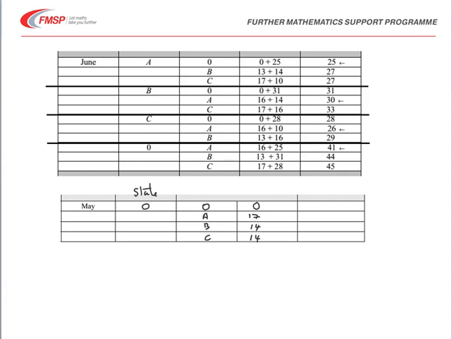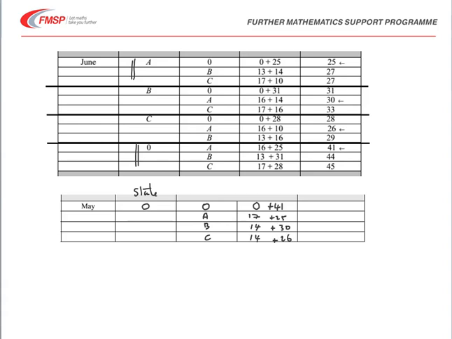Right, so the points that we go to are fairly obvious. If we do nothing, we end up here in state 0, so we're going to add on to that the smallest value, which is 41. If we do A, we're going to end up at the top there in state A, so the smallest of that is 25. And then state B, the smallest is 30, and state C, the smallest is 26.